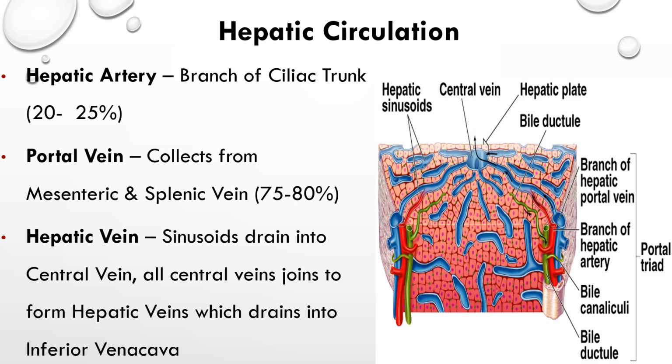Sinusoids drain the blood into the central vein. All the central veins join to form the hepatic vein. Finally, the hepatic vein drains into the inferior vena cava, which sends the blood to the right atrium.